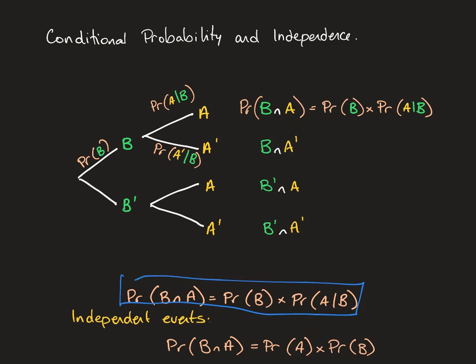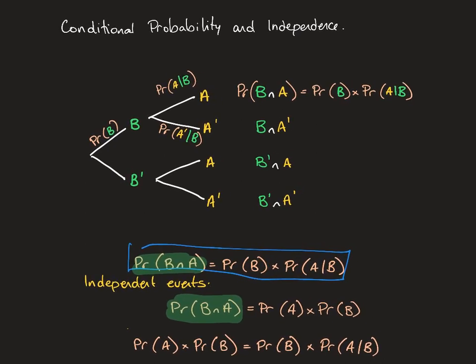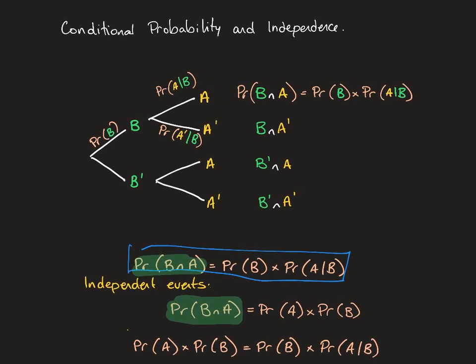from our tree diagram. We know for independent events that the intersection between two independent events, the probability of the intersection, is equal to the probability of A times the probability of B. And so we actually have the same statement here. We have two different definitions for the probability of A intersect B. So what would happen if we put the two together?